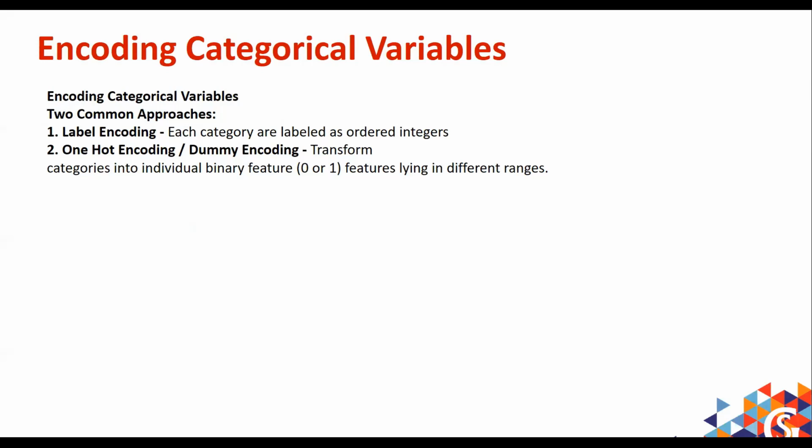But when it comes to numbering, at the end I need to convert them to numeric data, right? If I give the number 1 to red, 2 to green, 3 to blue, then 1 to 3 is again going as ordinal, where the data set might be biased by seeing 1 to 3. The system may think 1 means high priority, 3 means low priority, but I don't want that kind of bias in my data set.